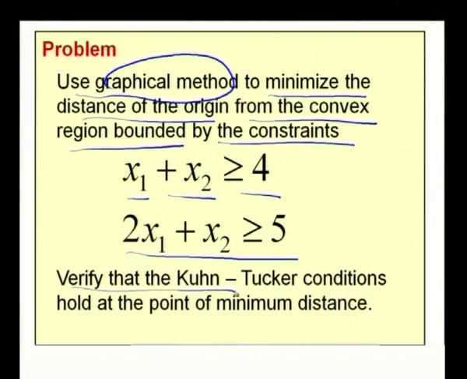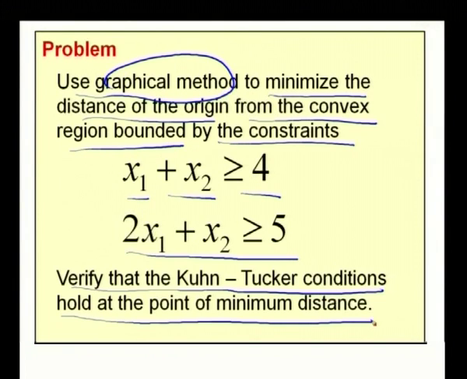Verify that the Kuhn-Tucker conditions hold at the point of minimum distance. Also, we have to verify the optimum solution obtained using the graphical method with the help of Kuhn-Tucker conditions.